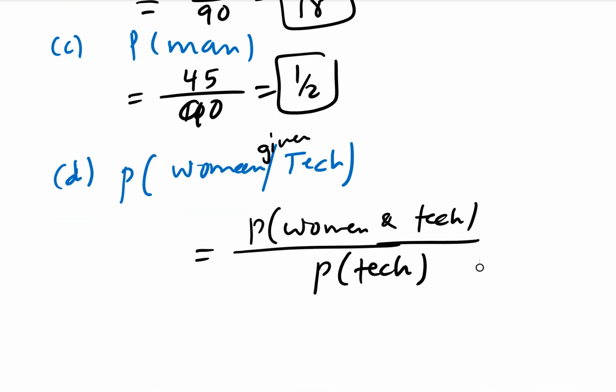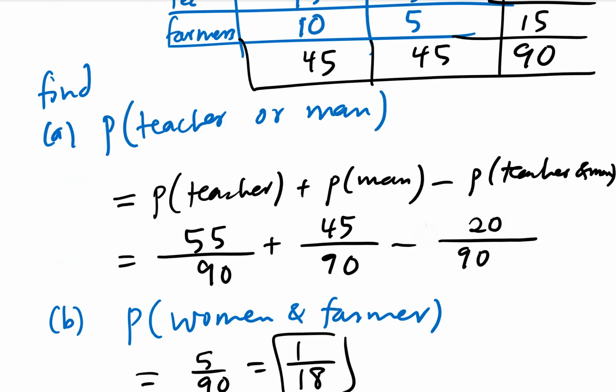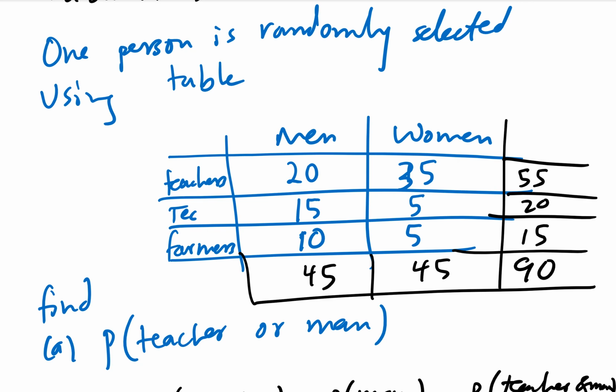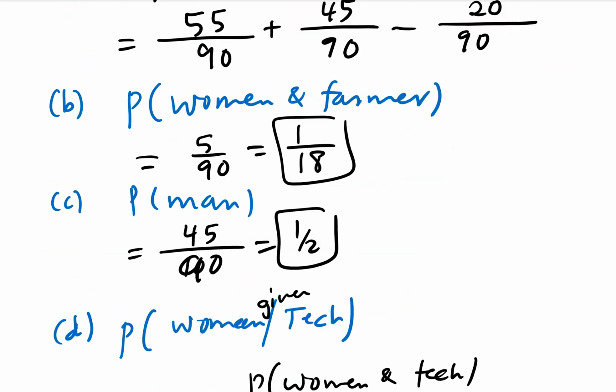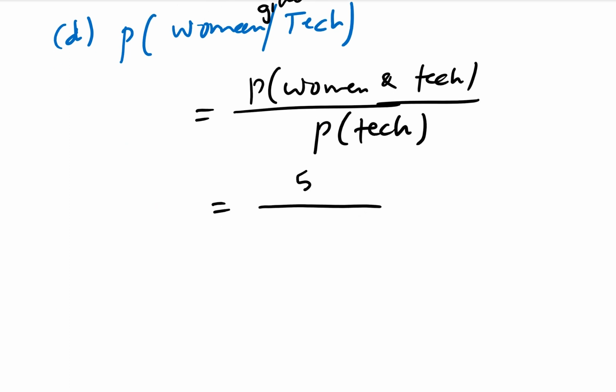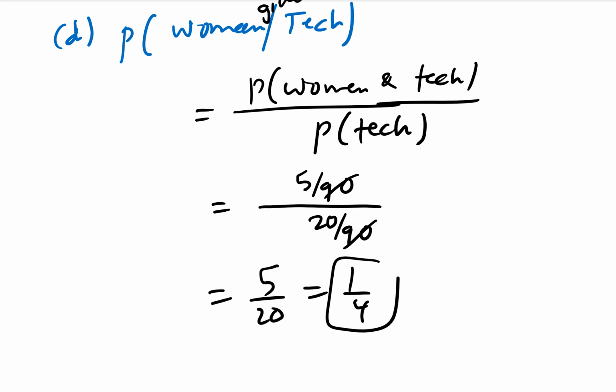Tech and women, let's see how many we have. Tech and women, it's 5. Okay, it's 5 over 90. Tech, there's 20 tech over 90. These cancel, so you get 5 over 20. 1 over 4. All answers must be in simplified form.